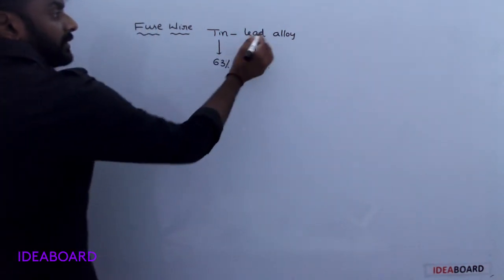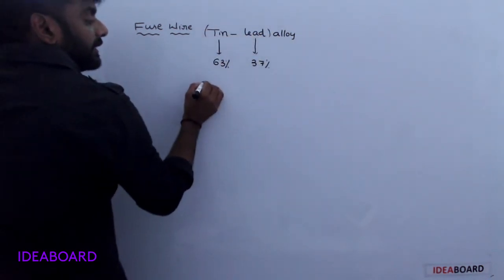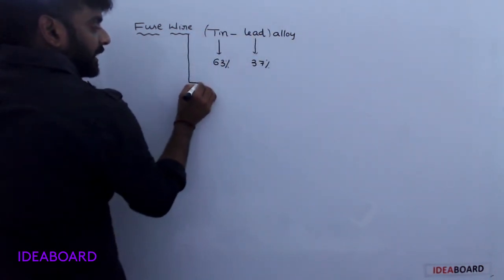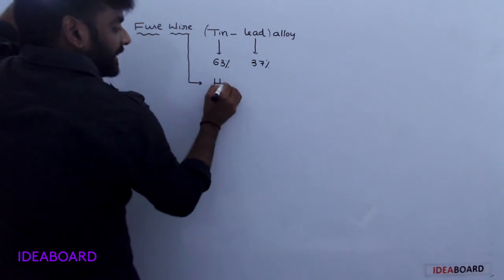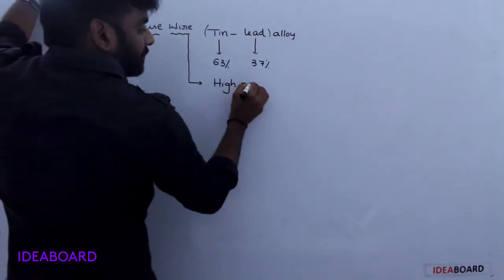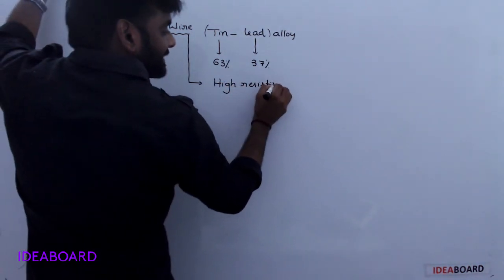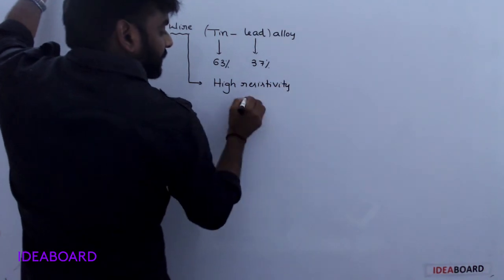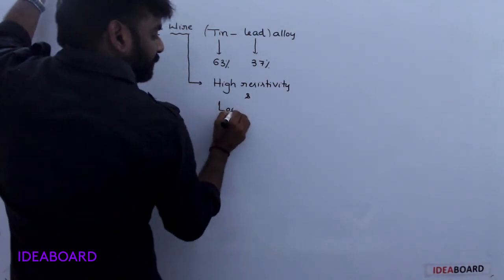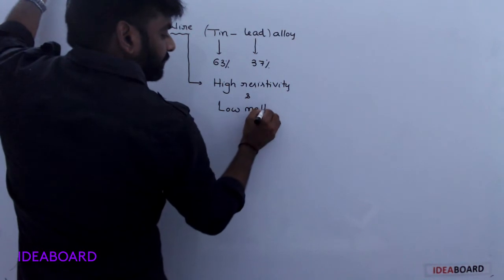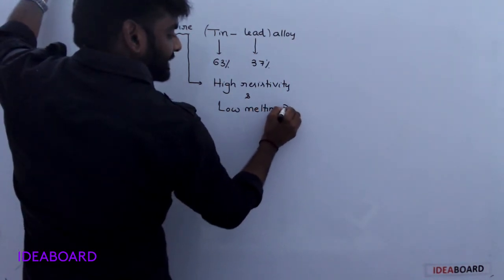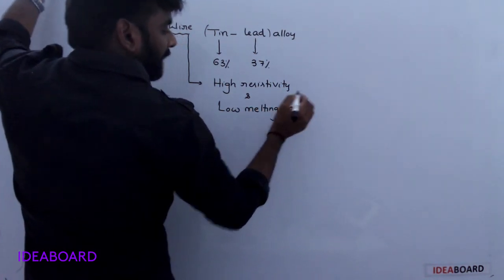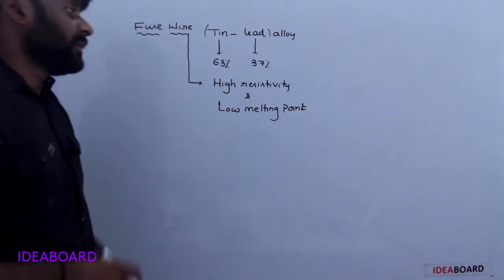Now here fuse wire, this wire has high resistivity and low melting point, understood? High resistivity and low melting point.